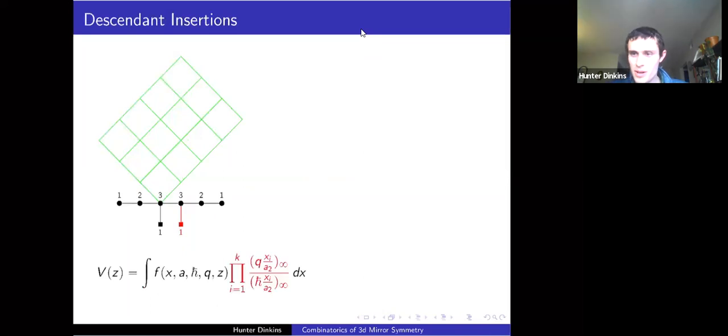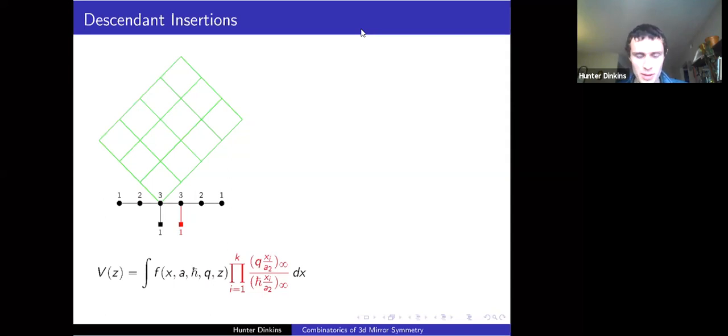Okay, so I mentioned earlier that if you use localization, you can write some fairly explicit formulas for the vertex function. I don't want to write those exactly, but you can interpret them as being contour integrals. This is written down in the work of Aganagic and Okounkov in a different paper than the elliptic stable envelope one.